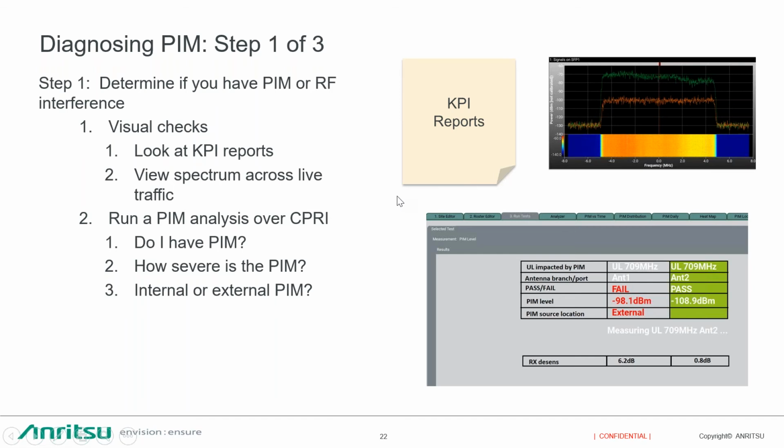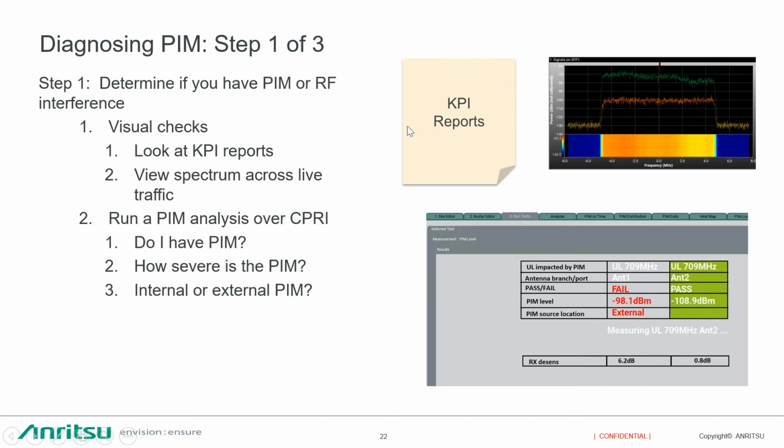Some operators are better than others and are able to do some kind of power analysis where they can turn up the OCNS or AILG remotely and create KPI reports from there. So this will give a lot of operators a lot of information initially on what it might look like and what kind of problems you might have.